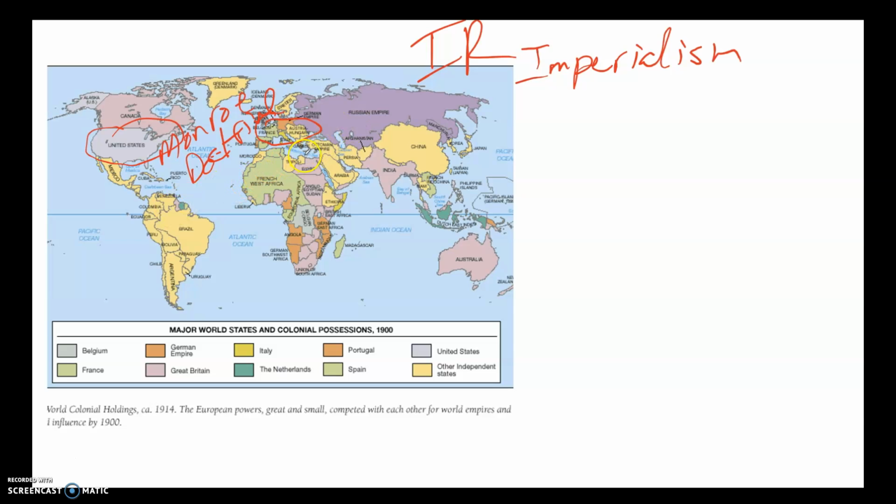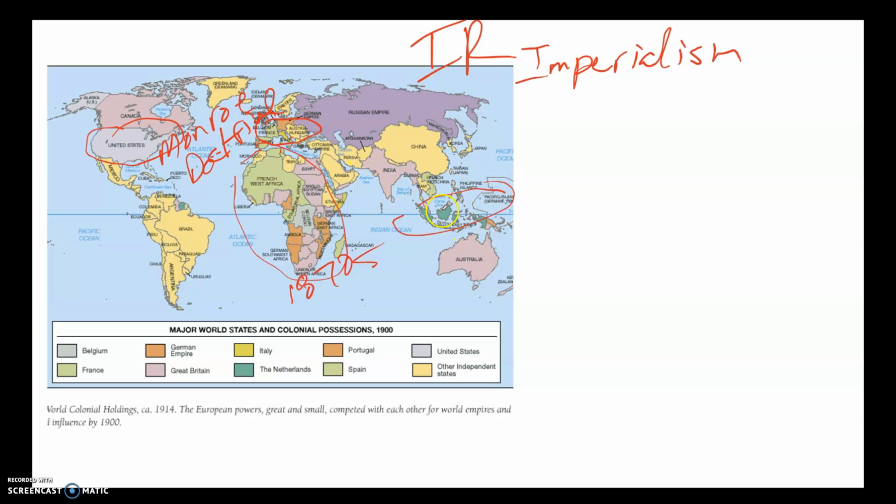But look at this map. Europe is basically going to take over Africa, and I want you to realize that this is late. This is not the 1600s, 1700s. This is the late 1800s when Europe is basically colonizing Africa, and lots of Southeast Asia.